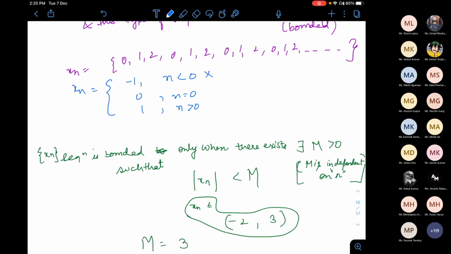So this is not defined. And n equals 0 is also not a natural number, so this is also not defined. We are left with only xn equals 1. It implies xn is a constant.